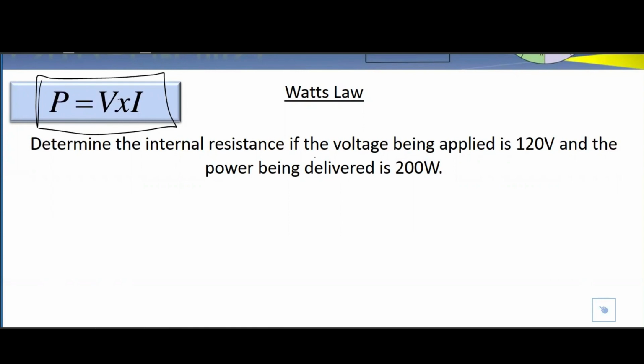All right, so just like we did before, we want to write down what we're trying to find. In this case, we're trying to find the internal resistance, so we'll say R equals question mark. And then what do we have? We have voltage. Voltage being applied is 120 volts, so V equals 120 volts.